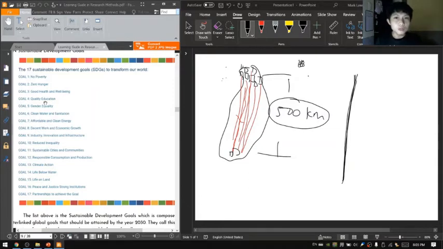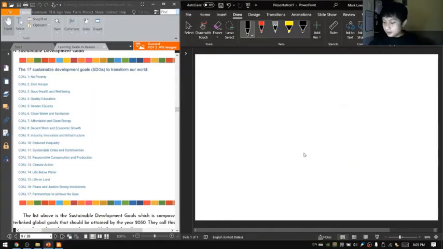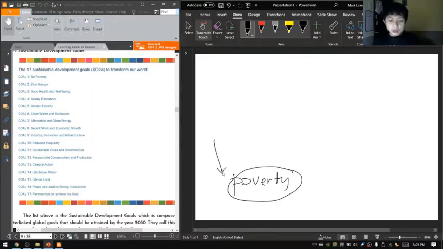Okay, it could be inequality. Actually, poverty is not the problem. There are a lot of factors that cause poverty, but poverty itself is not the problem. One of the causes or reasons for poverty is inequality.